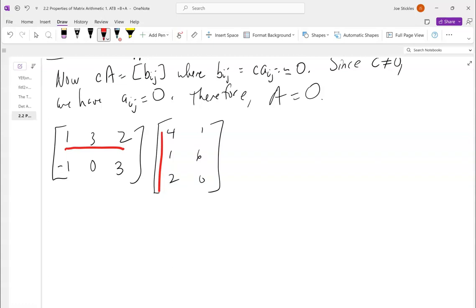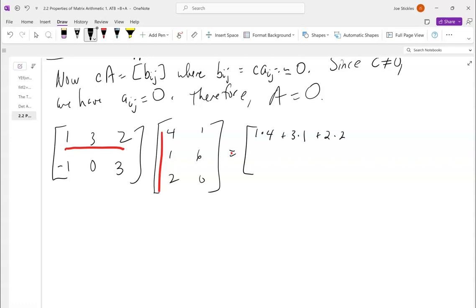So in general, notice in this case, to get this upper left-hand entry, we would do the 1 times the 4, the 3 times the 1, and the 2 times the 2, right? We take the row and we match it with the column. Notice when we're getting the 1,1 entry, we're using the row 1 entries of the first matrix and the column 1 entries of the second one.